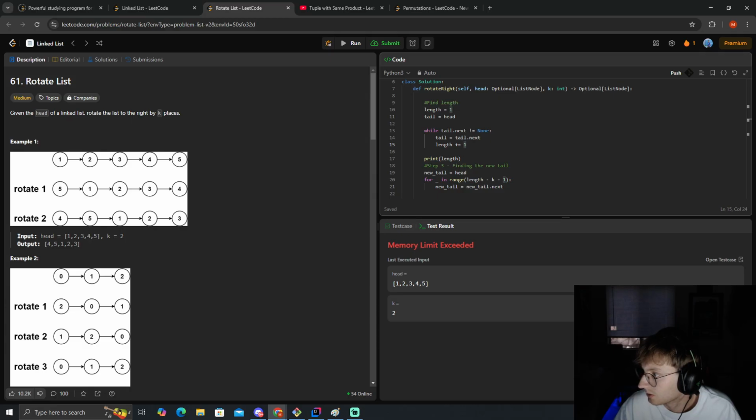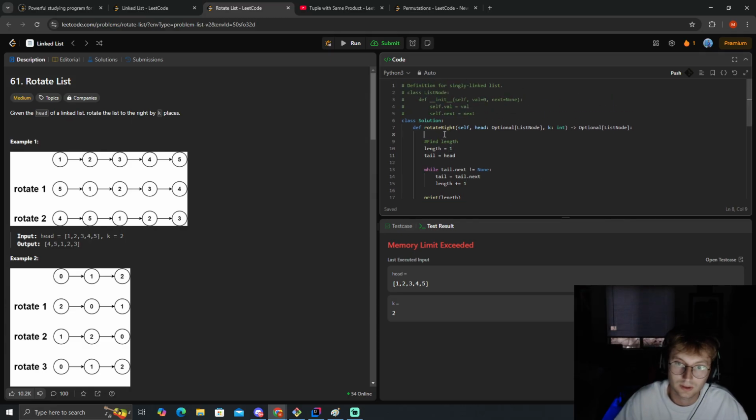Edge cases. What if head is None? Oh shit, I forgot edge cases. Okay, if head is None, return head. Incorrect handling when k is greater than or equal to the length.